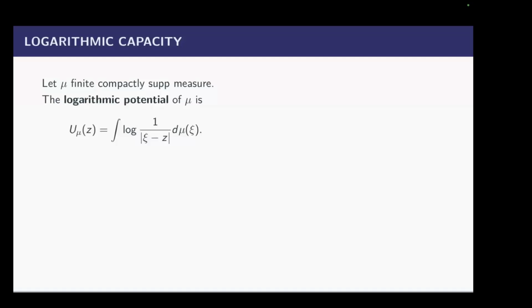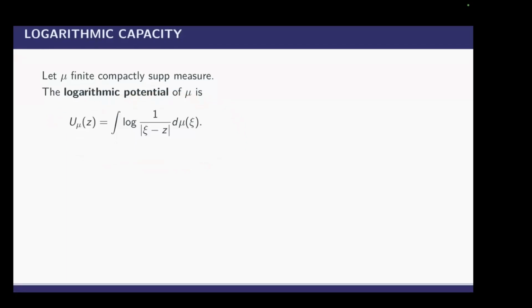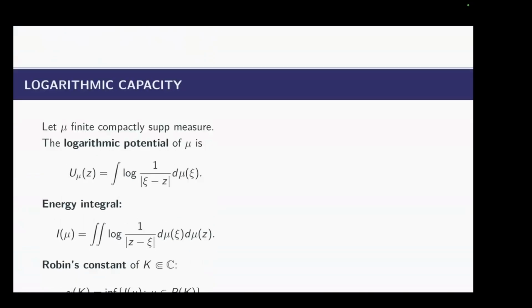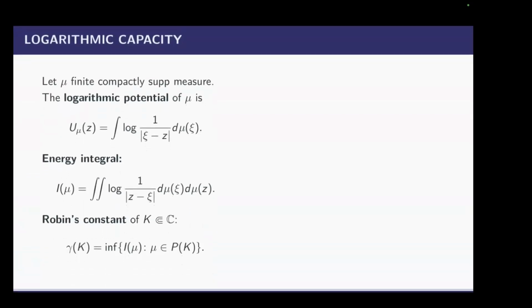So let me define logarithmic capacity. Suppose that you have a finite compactly supported measure on the plane, and then we define the logarithmic potential in this way, as long as our measure has what is called finite energy, where the energy integral is this double integral here.